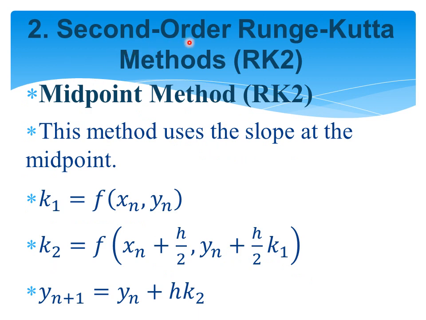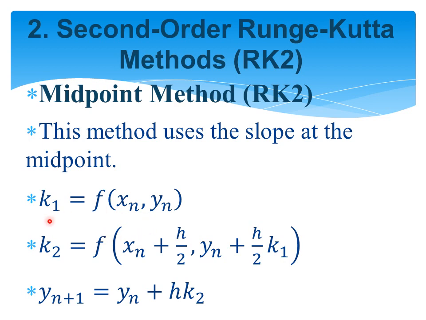Second order Runge-Kutta methods. This is a short form RK2. Midpoint method, this is a name also. It is a midpoint method. This method uses the slope at the midpoint. k1 = f(xn, yn).